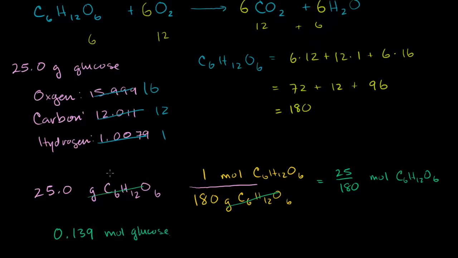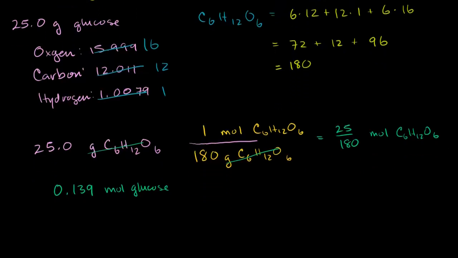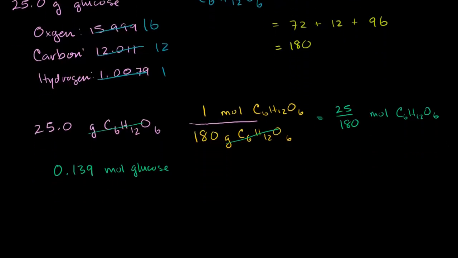Now, the first step we want to figure out is, for every mole of glucose, how many moles of oxygen? And we know that. It's 1 to 6. So let's write that down. And that's going to tell us how many moles of oxygen we need. And remember, we want to get rid of this moles of glucose, so we want to write that in the denominator.